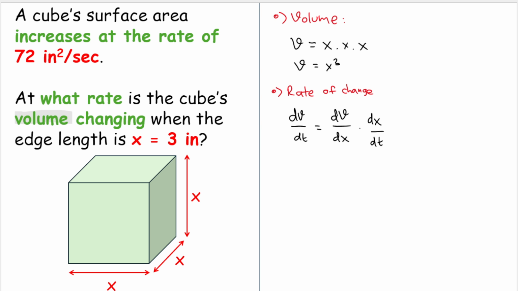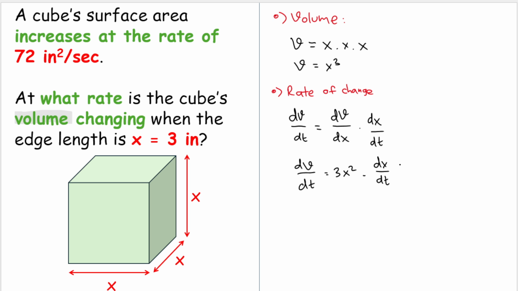And we can calculate this part using the power rule. So we will have dV/dt equal to 3x squared, good, and this is multiplied by dx/dt.